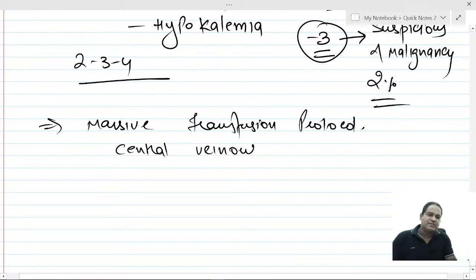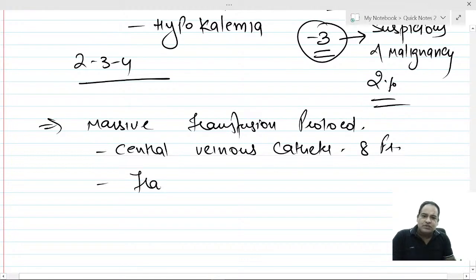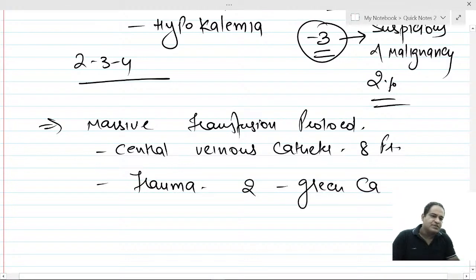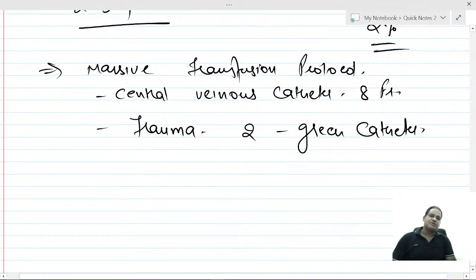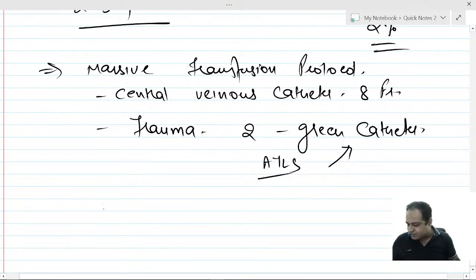You use a central venous catheter, an 8 French central venous catheter. Now the indications: if you are doing it for trauma, 2 of the green catheters are to be used. So going by ATLS, the answer would be the green catheter.